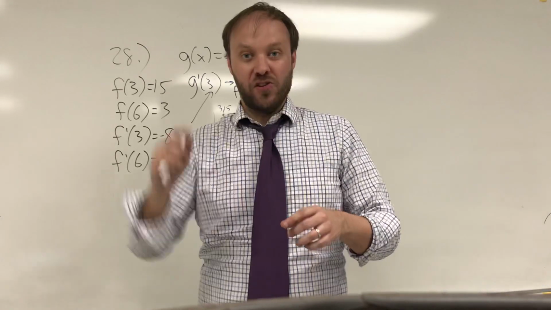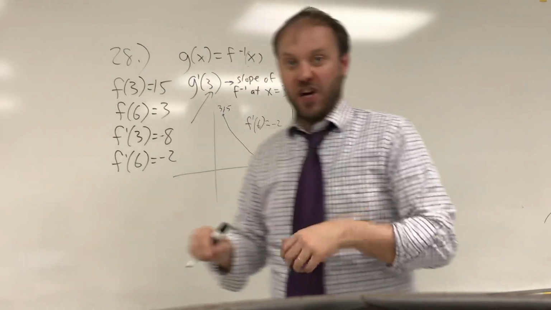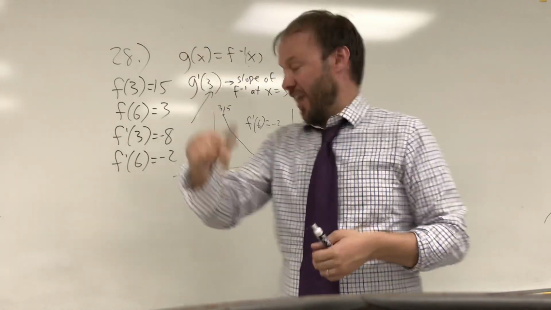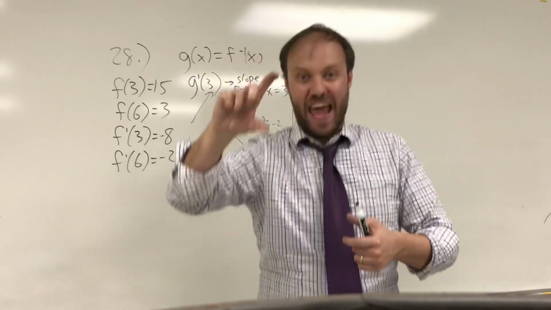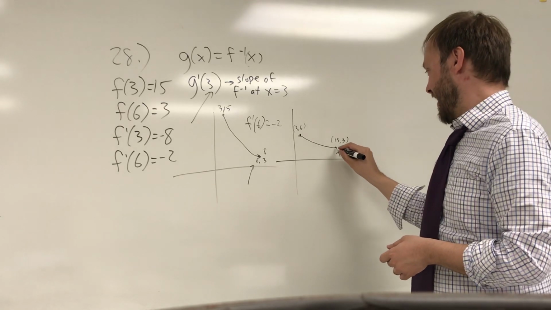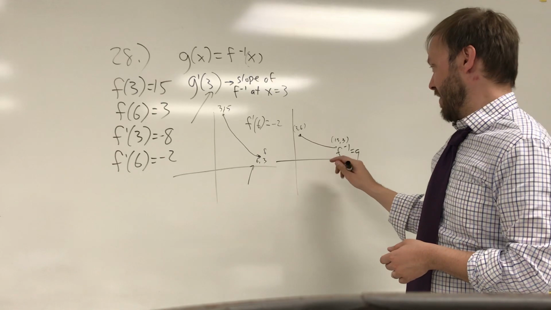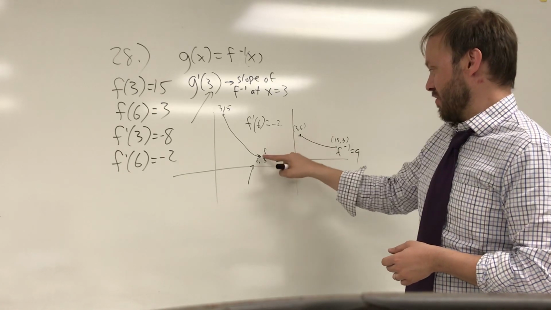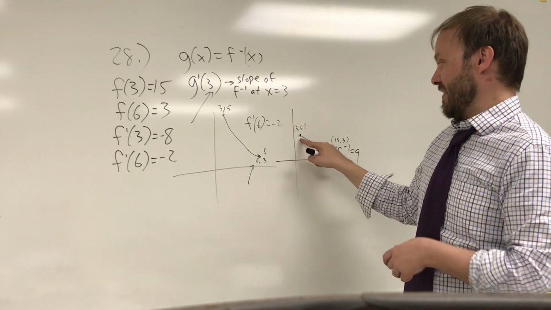But remember, you switch the x's and the y's between the original function and the inverse function. So if a slope is a y over x for this, you're going to have to flip that. It's going to be an x over y. The slope at the corresponding point over here, so the point (3, 6) corresponds to this point down here of (6, 3), is going to be the reciprocal.